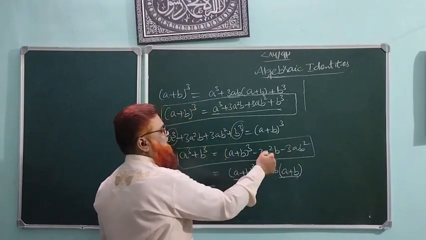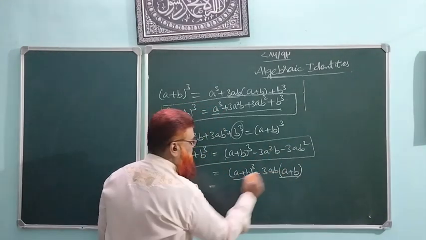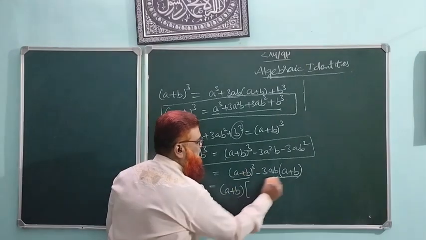Because we have the minus sign outside, the minus is common. Now the common thing is (a + b). (a + b) is taken out from this one and from this one.